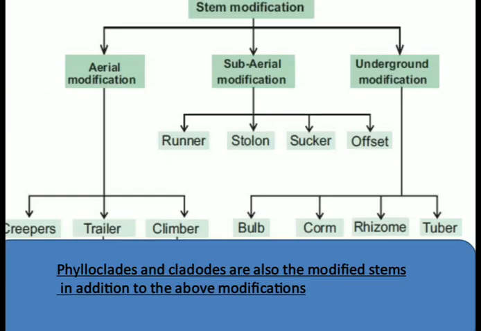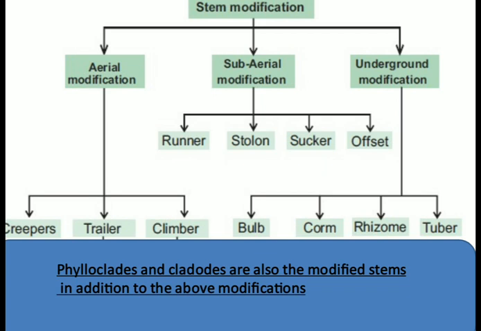Now, as we discussed in the topic roots, that the root, in addition to performing the function of anchorage and mineral nutrition to the plant, sometimes gets modified and does some additional functions.